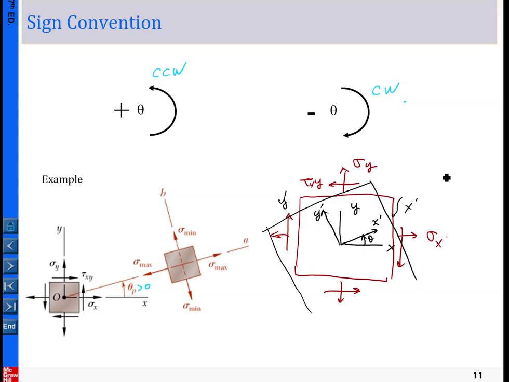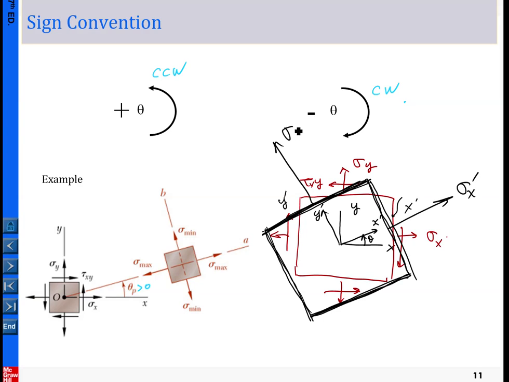Then this is the transformed stress element, so let me highlight here. So you can see if we overlap our transformed stress element onto the original stress element, along which we're going to calculate the stress element in the transformed orientation.